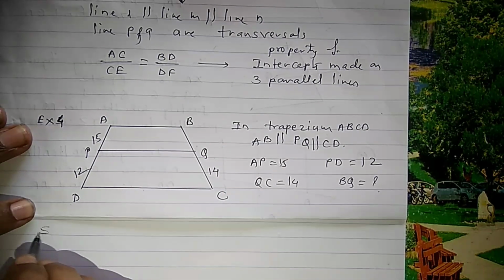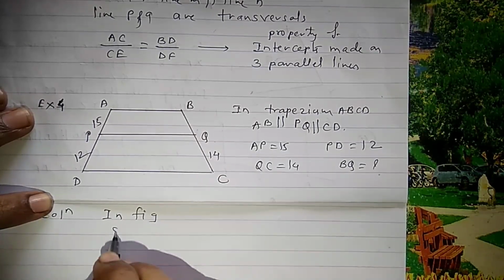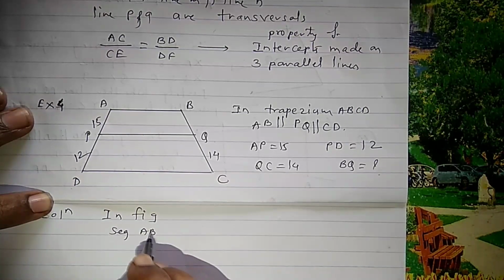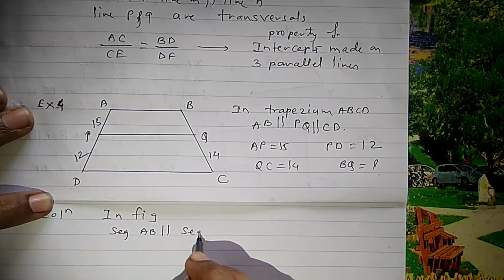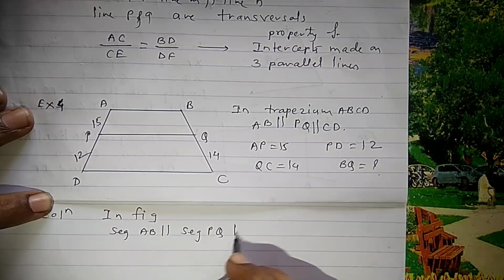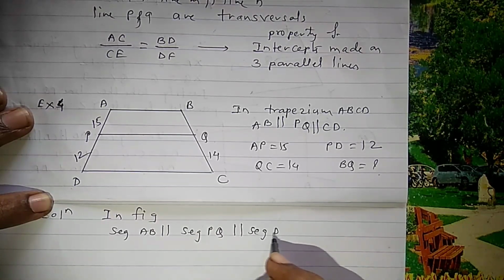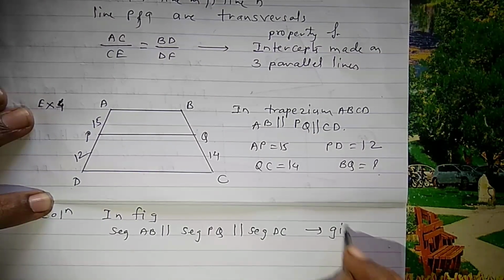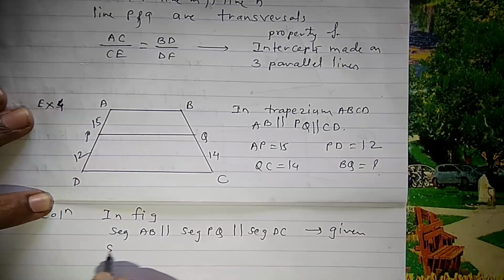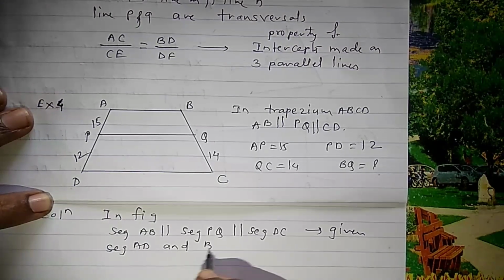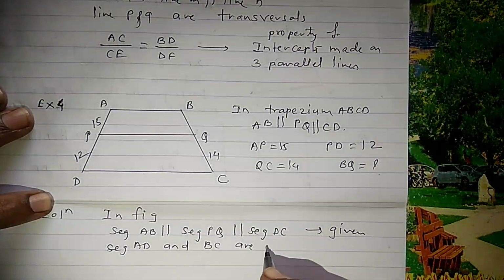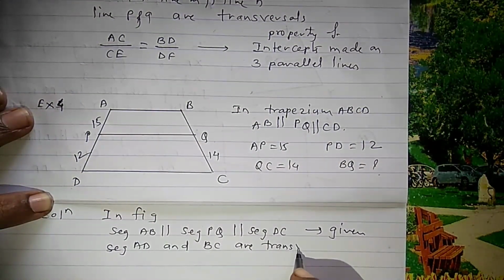So solution: segment AB is parallel to segment PQ is parallel to segment CD. This is given. Segments AD and BC are transversals.